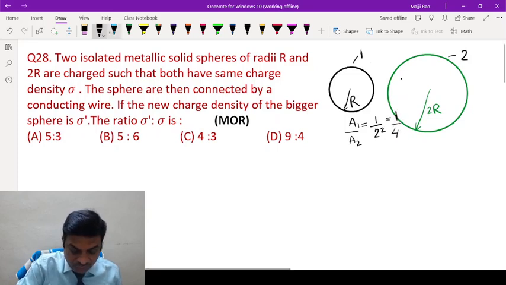Right. So if sigma is the surface charge density for this, then the charge on this will be sigma into, I'll take it as 4 pi r square.